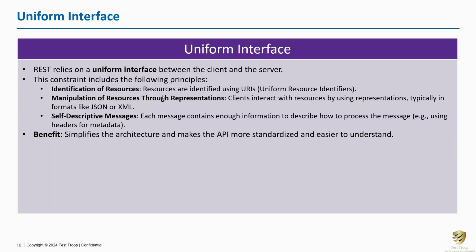Every resource is identified uniquely using URIs. Next is the manipulation of resources through their representation. The client interacts with resources by using the representation, that is the current state of that resource, typically in formats like JSON, XML, or HTML.